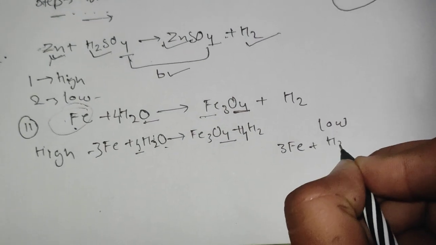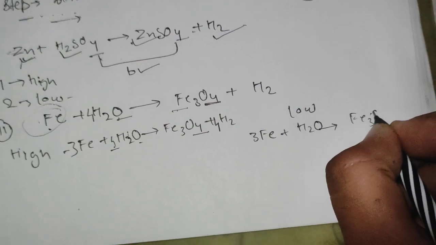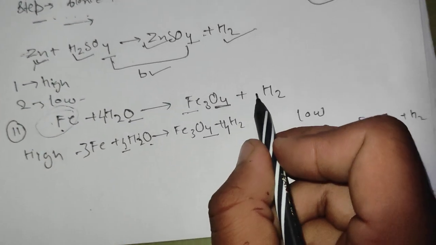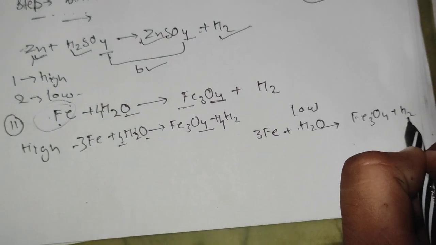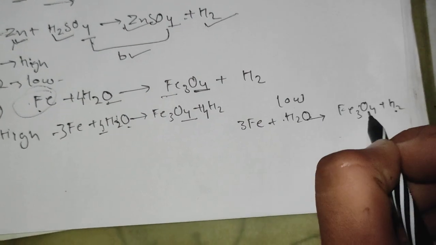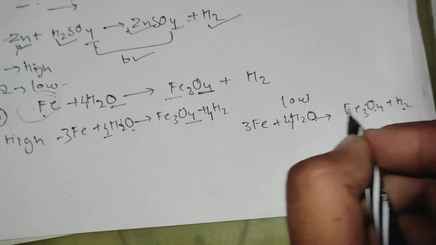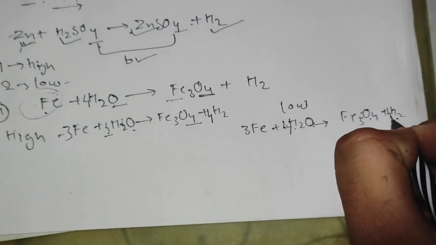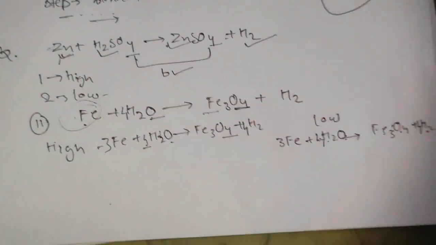And H2O gives Fe3O4 plus H2. Here hydrogen is 2, here hydrogen is 2. Now for oxygen, here oxygen is 1 but there oxygen is 4. Multiply H2O by 4 and we get oxygen 4. Now hydrogen is 8, so hydrogen is multiplied by 4 to get 8. So the overall equation is balanced. Both cases are the same.